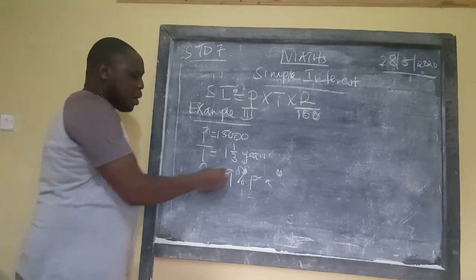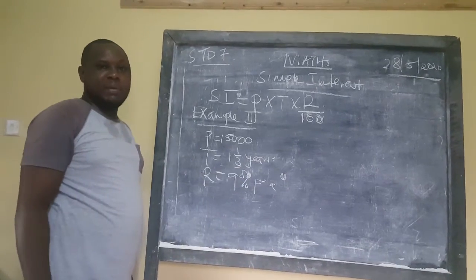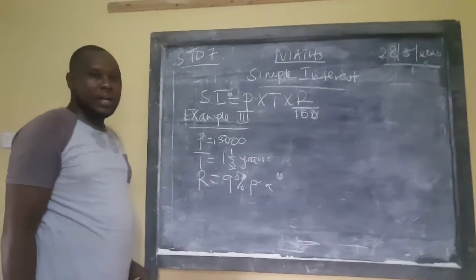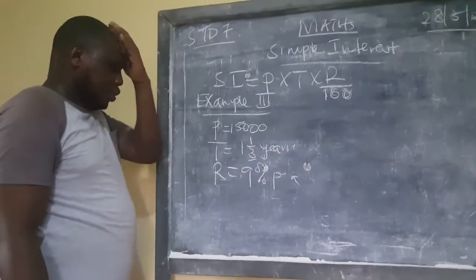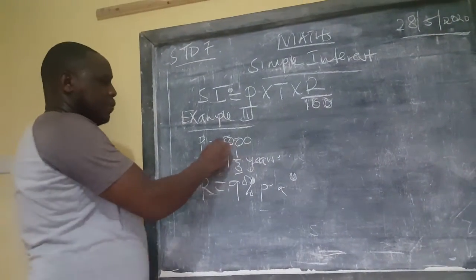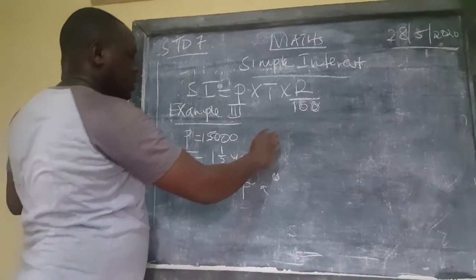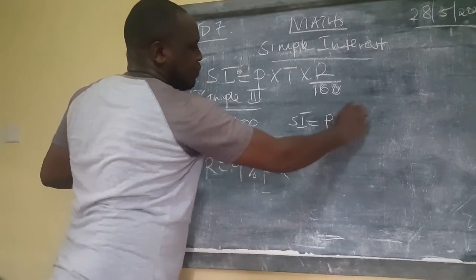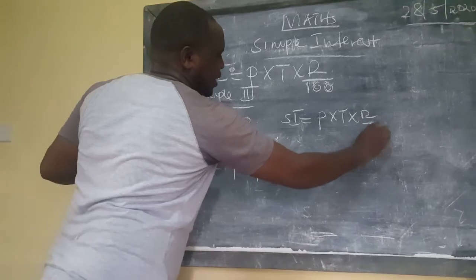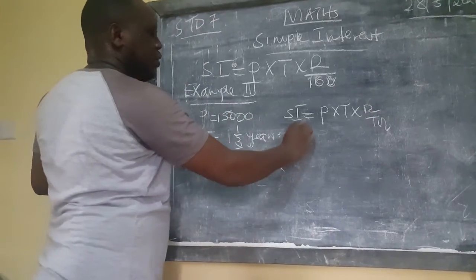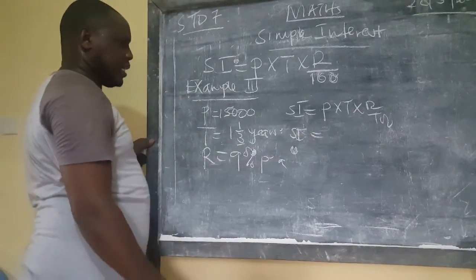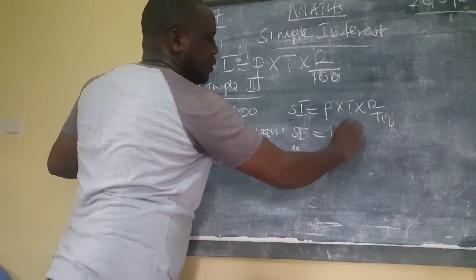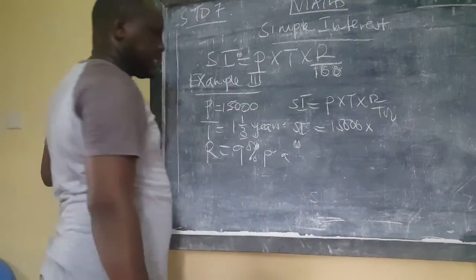Now in this one, look at the time. The time involves a mixed number. So there is a way we will be able to change that. Simple interest, you write the formula, is equal to principal times time times rate over 100. This will give you simple interest as 15,000, the principal, times time.